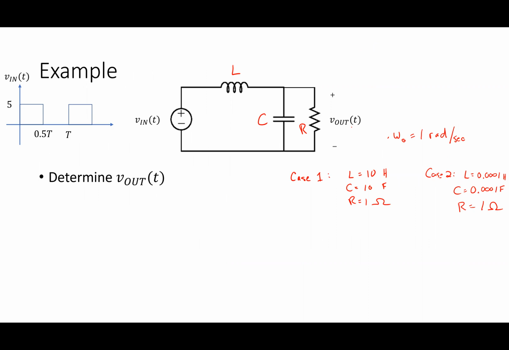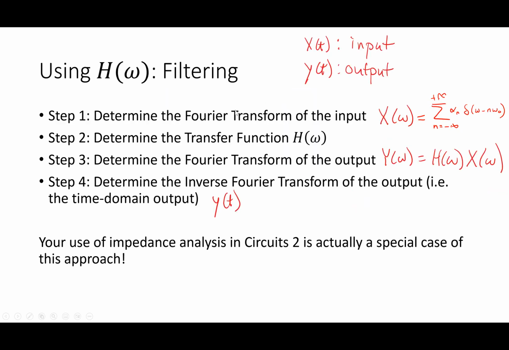If I have a circuit like this, there's an input, in this case a voltage source input, and a voltage output across this resistor. When we apply this filtering concept, we determine the Fourier transform of the input. I keep everything in the context of x(t) as my input and y(t) as my output.